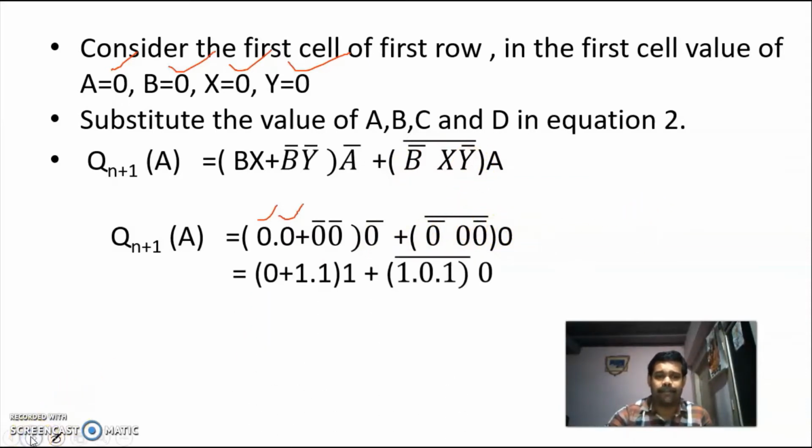Next, 0 into 0 is 0, then 0 bar is 1, again 0 bar is 1, then 0 bar is 1. Then here also 0 bar 1, then 0, then 0 bar 1, then into 0 they are having a whole bar. Here 1 into 1 is 1, here 1 into 0 into 1 is 0.